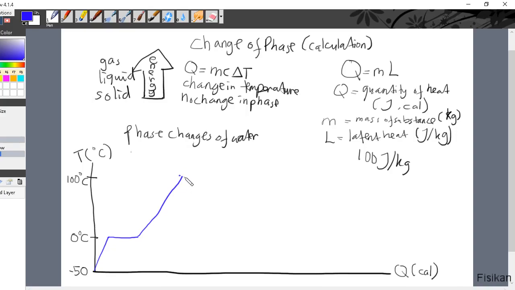And I will draw it long, and I will explain to you later why. And then after all of them become water vapor, if you give more energy, it will increase in temperature.